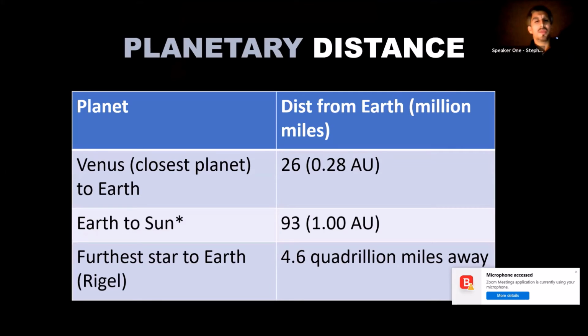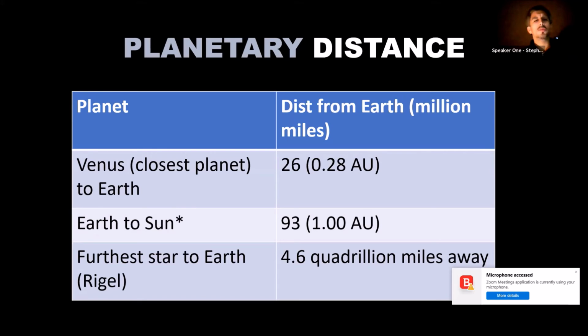So that's something to think about, how far things are. And that's about a quarter of an astronomical unit. An astronomical unit is how far the Earth is from the sun, and that's 93 million miles.